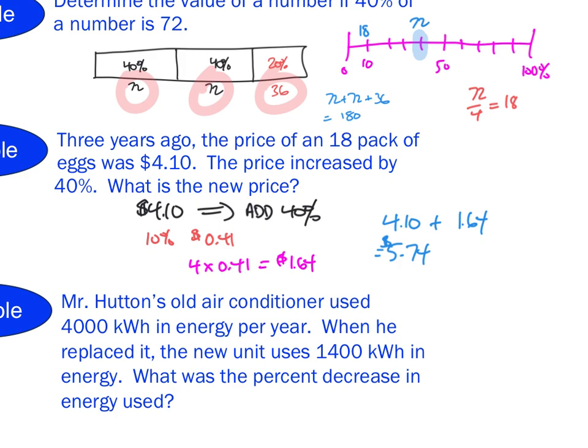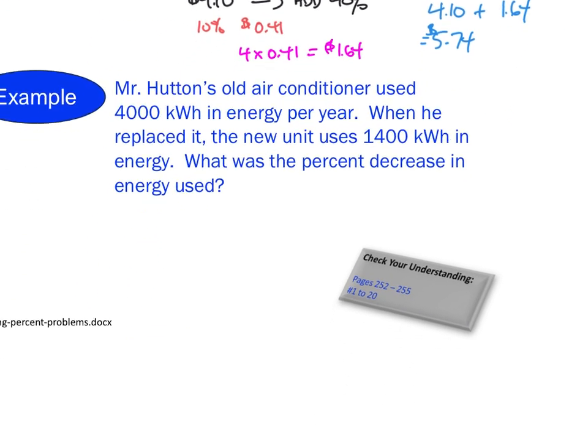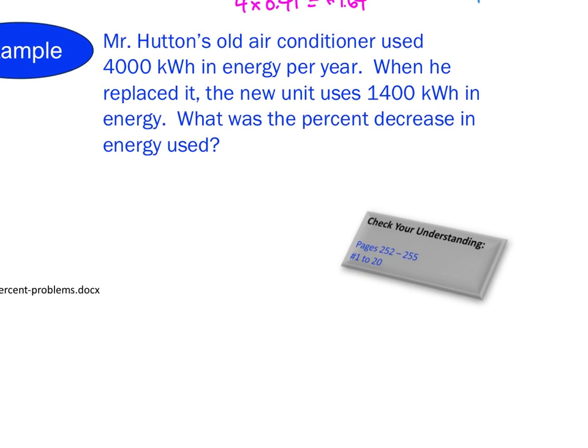Good enough. Now the next example, though, we will need a calculator, okay? Mr. Hutton's old air conditioner used 4,000 kilowatt hours in energy every year. When he replaced it, the new unit uses 1,400 kilowatt hours in energy. What was the percent decrease in energy used?